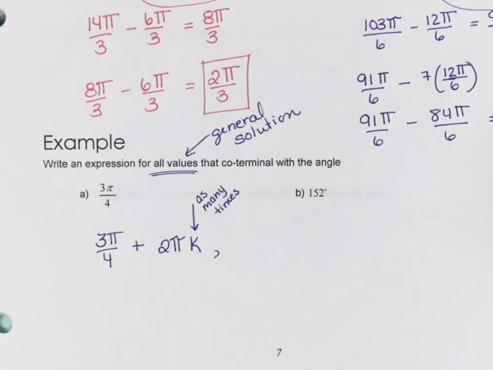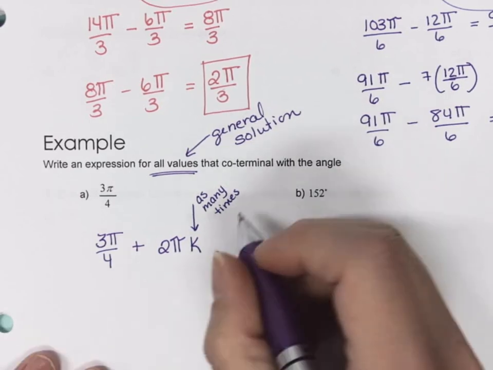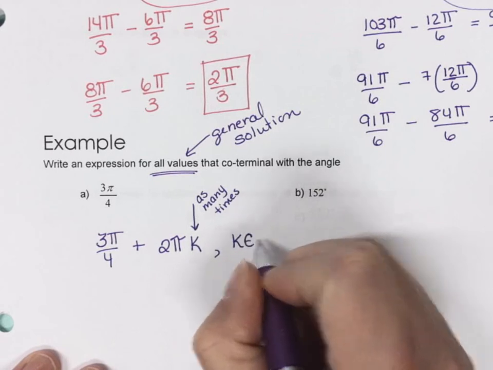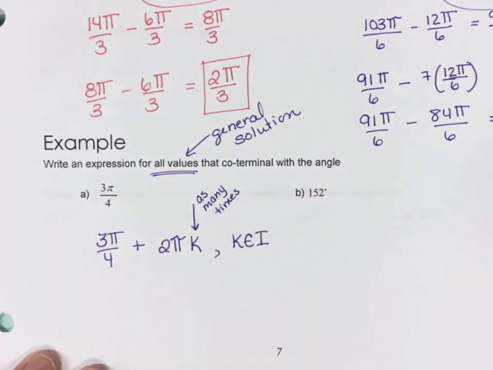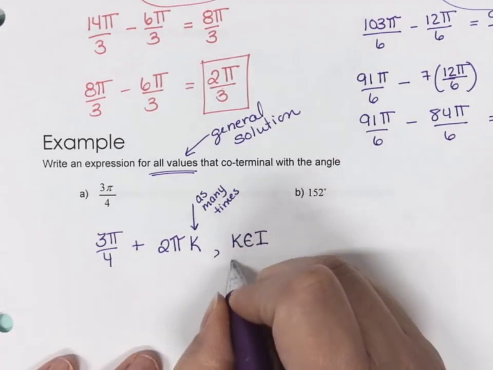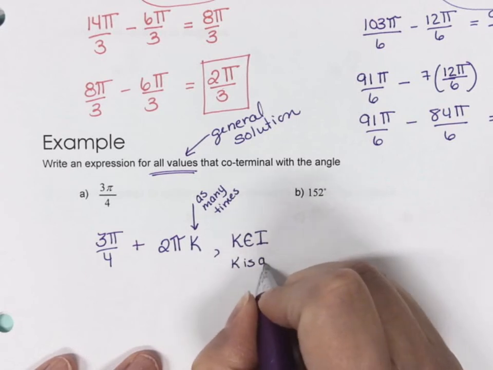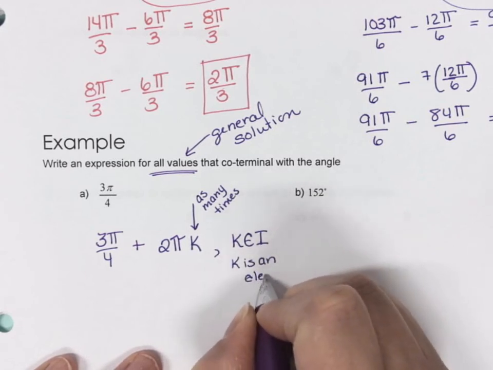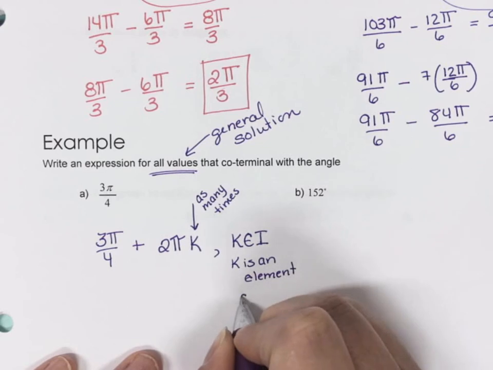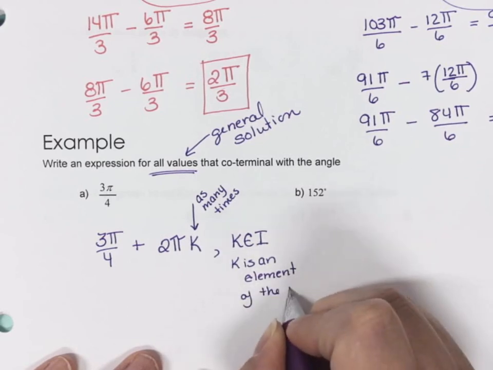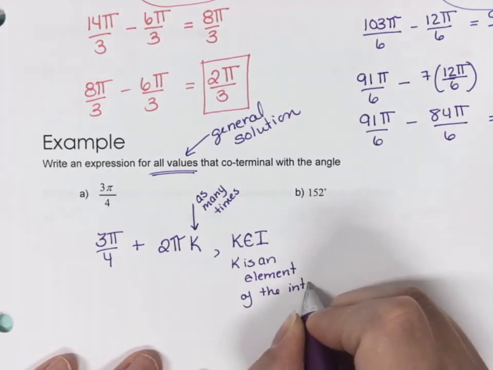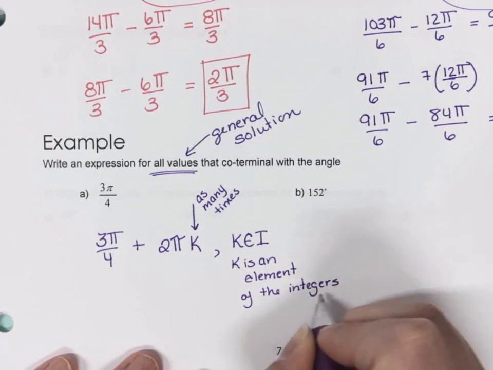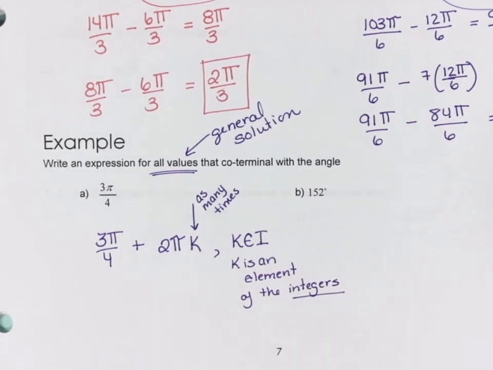Then I'd be subtracting. So k is an element of the integers. Is it a capital K this time? Yep.